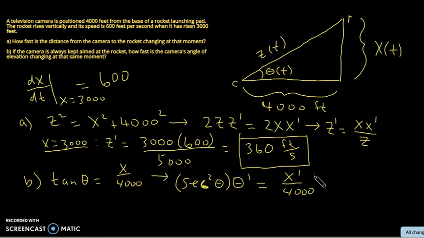Okay, now we want theta prime, so let's go ahead and solve for it. When we do that, we get theta prime is x prime times secant squared of theta. Actually, it's divided by secant squared theta, over 4,000.